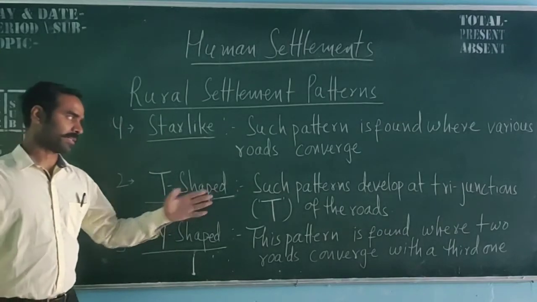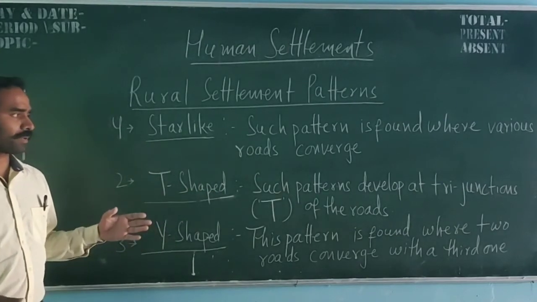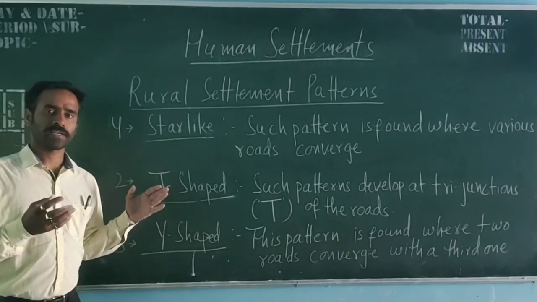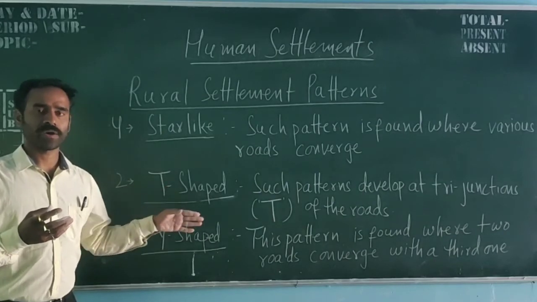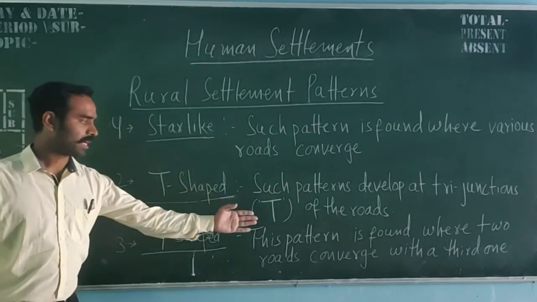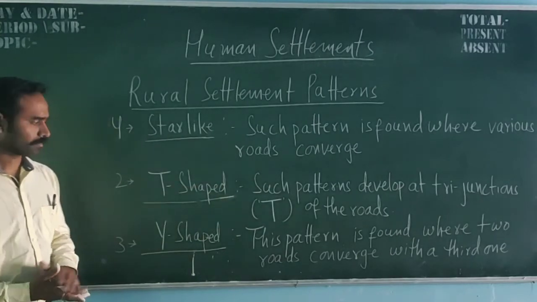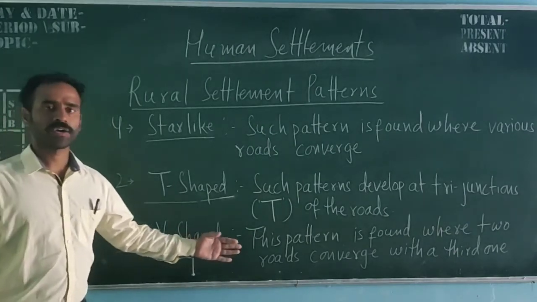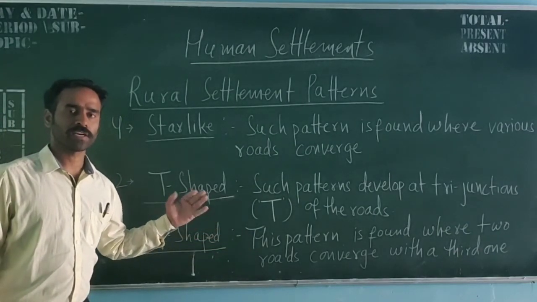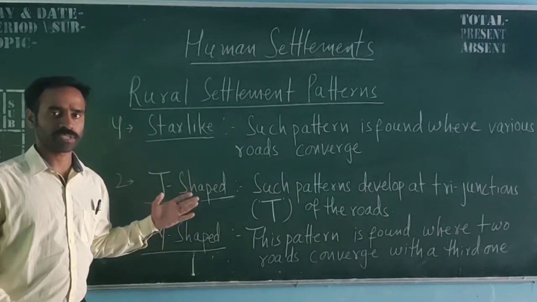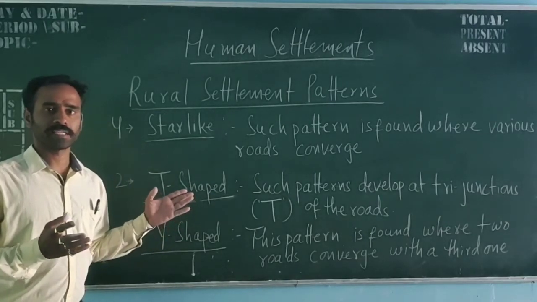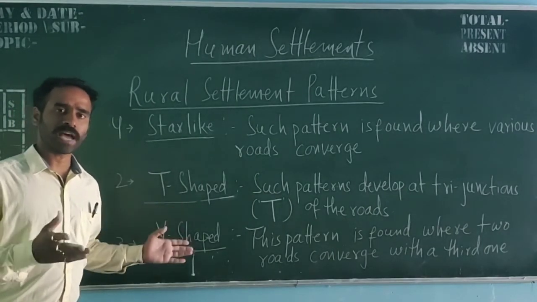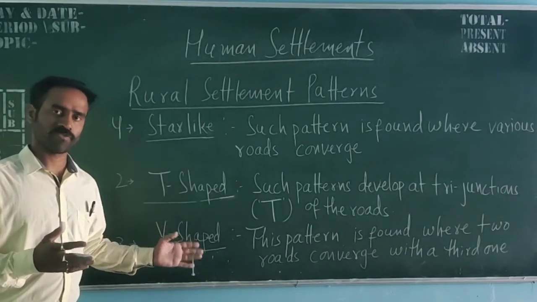The T-shaped pattern. Such patterns develop at the tri-junctions of roads, and houses are built along such roads and form a T-like pattern. The Y-shaped pattern. This pattern is found where two roads converge with a third one, and houses are built along these roads, and a Y-like shape is formed.